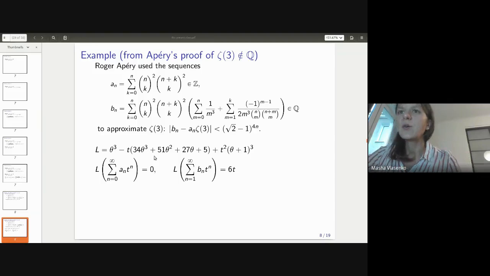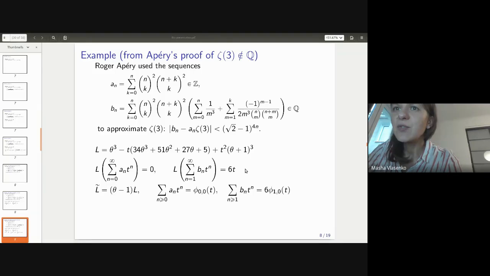They are solutions to recurrences. And if we code them in terms of differential equations, An is a power series solution. This is another power series solution, but with the right-hand side. So to consider them as homogeneous solutions, we would pass to a differential operator L times theta minus 1 to kill t here.